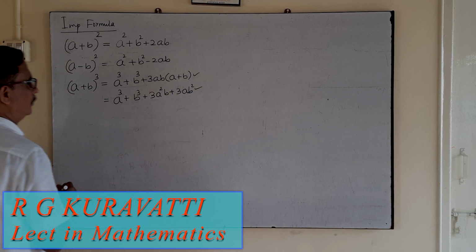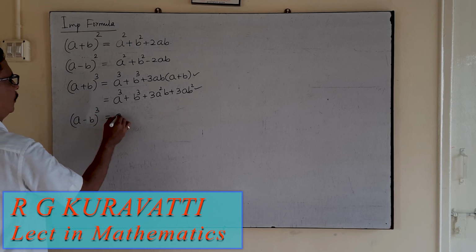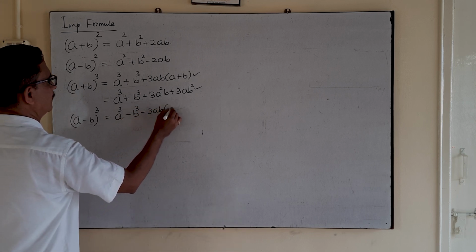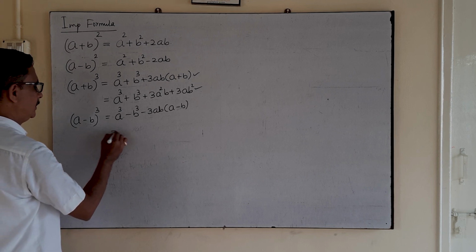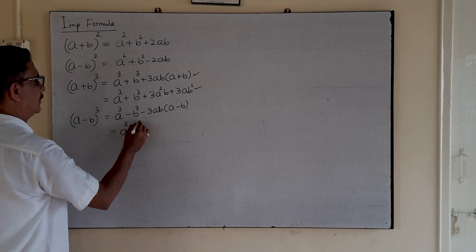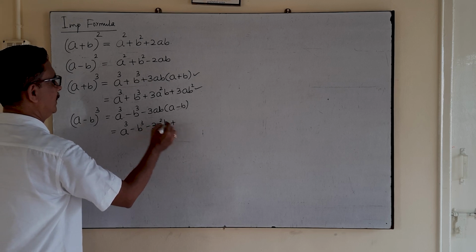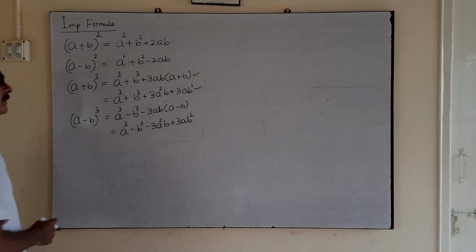Both are right. Okay. Whereas (a minus b) whole power 3 is equal to what? a cube minus b cube minus 3ab into bracket (a minus b). That is also the same as a cube minus 3a square b plus 3ab square minus b cube.